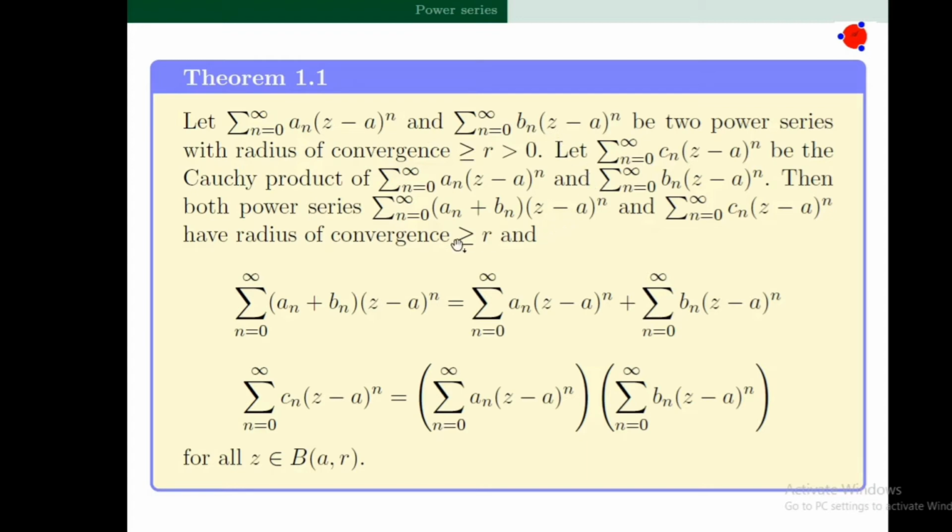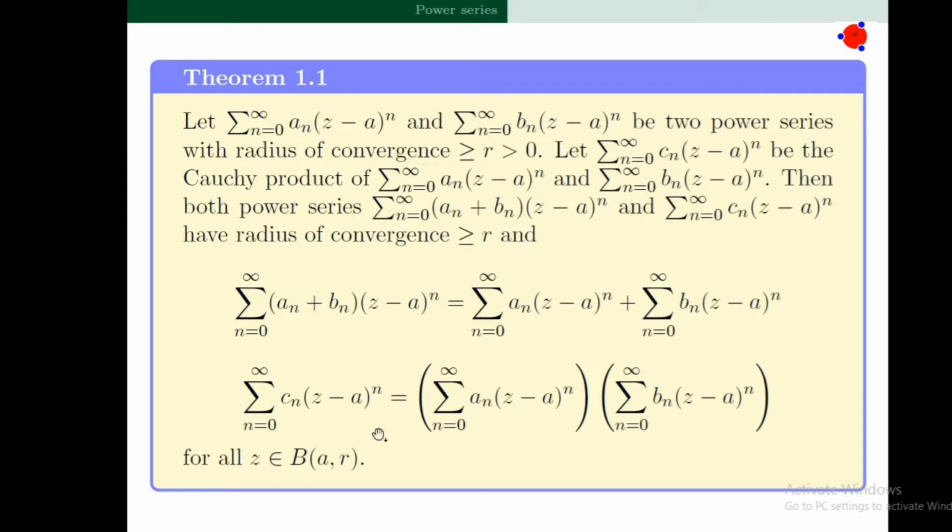Similarly, the radius of convergence of the sum of the power series, that is summation n equal to 0 to infinity (a_n + b_n)(z-a)^n, the sum of these two power series, is also greater than or equal to r.